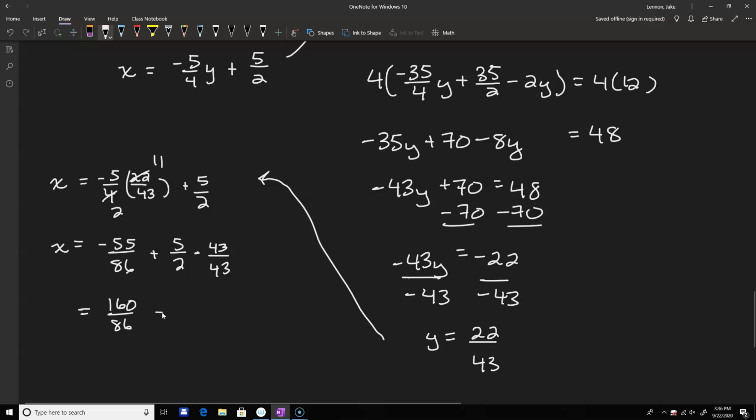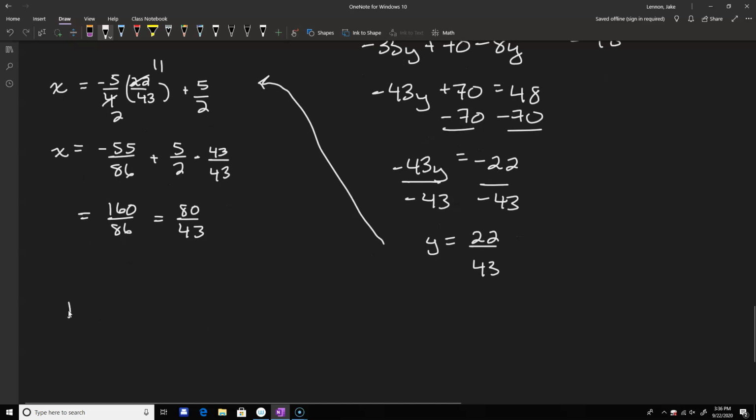So 160 over 86 will simplify to 80 over 43, so that's our solution. The solution is 80 over 43, comma 22 over 43.